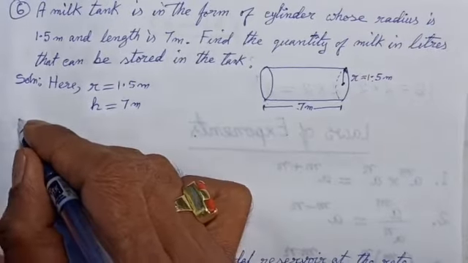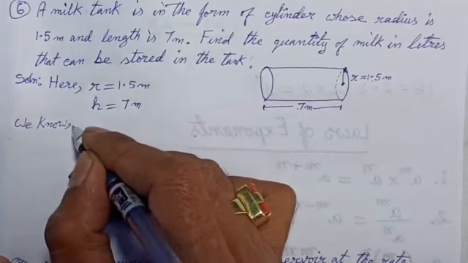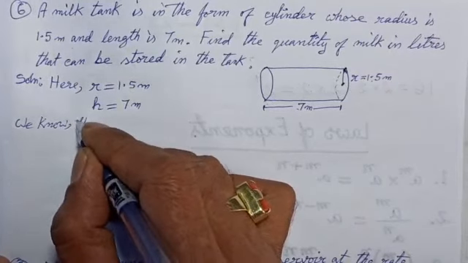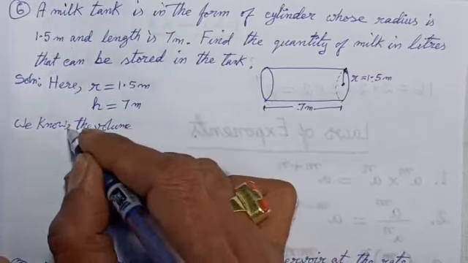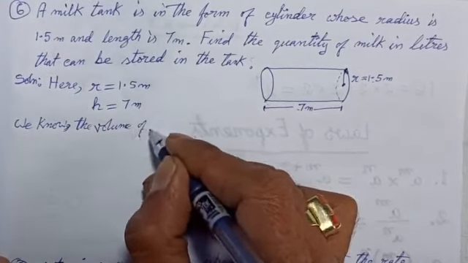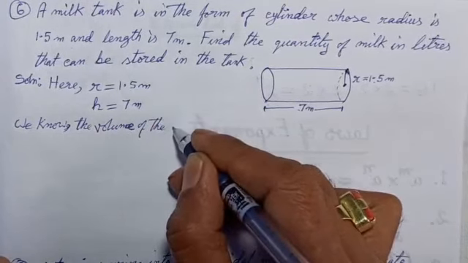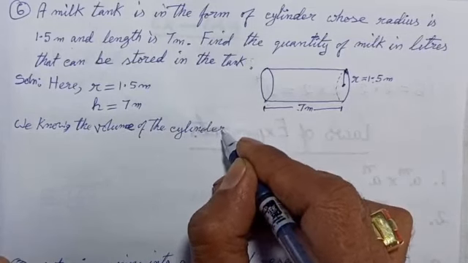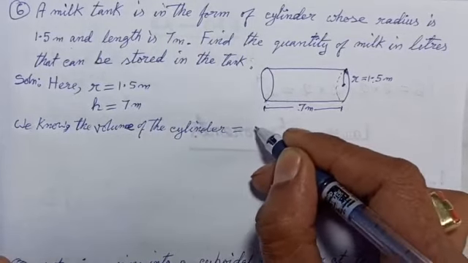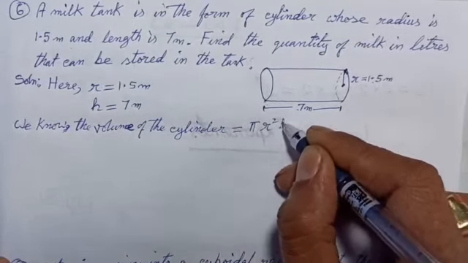Next, we know the volume of the cylinder. The formula to find the volume of a cylinder is pi r square height. So pi r square height.